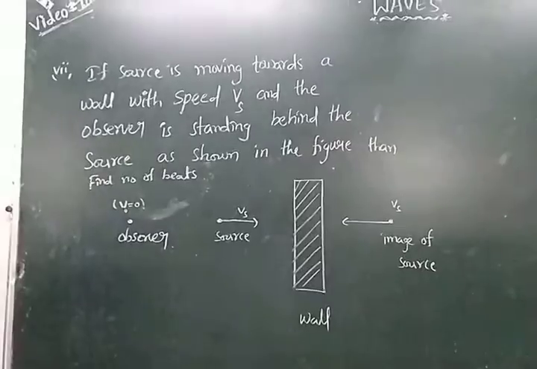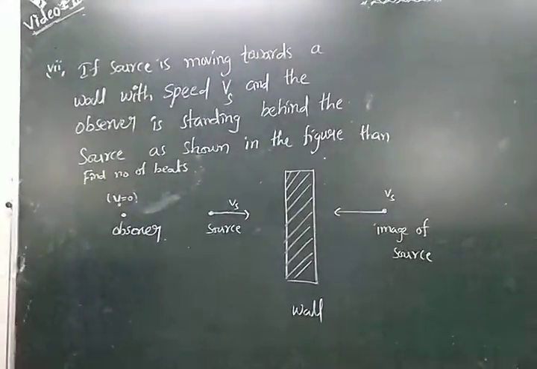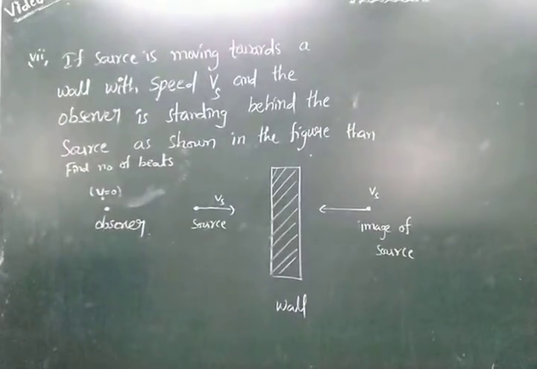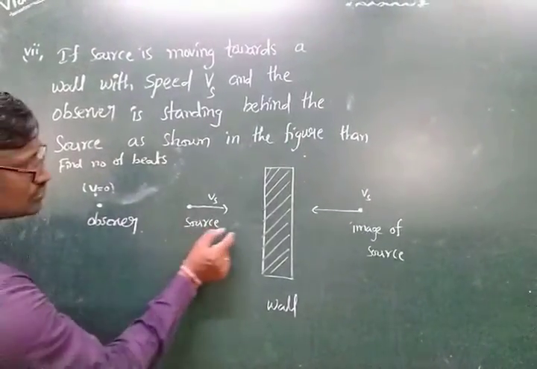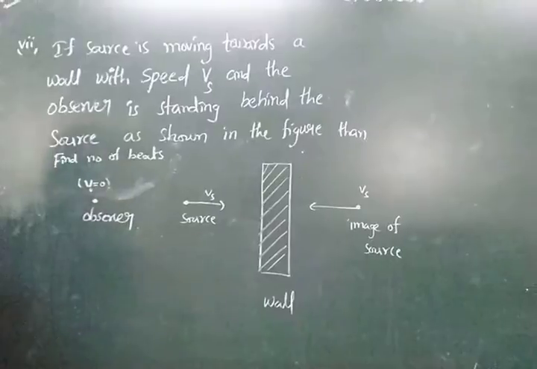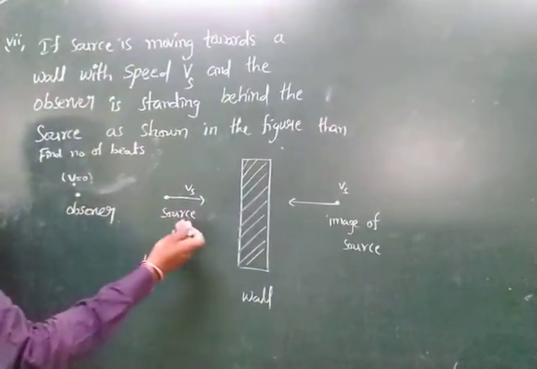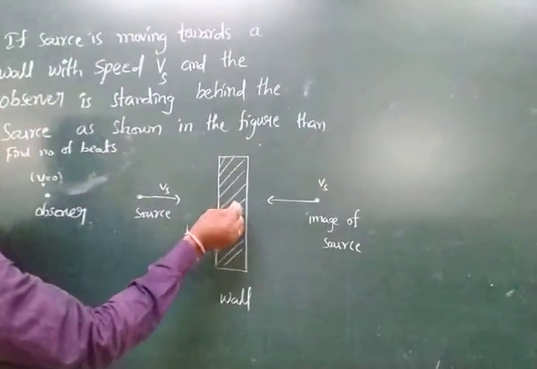The change in frequency is nothing but towards or away. Here the source moves toward the wall, that is called the direct sound. When the sound reaches the wall, it is reflected.